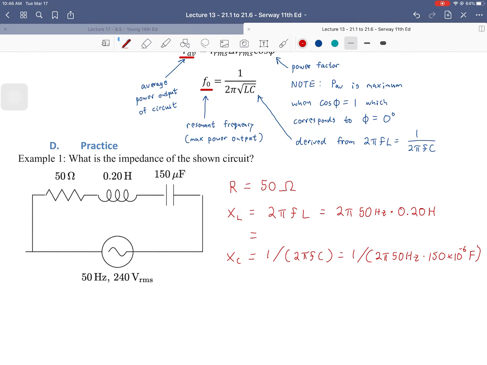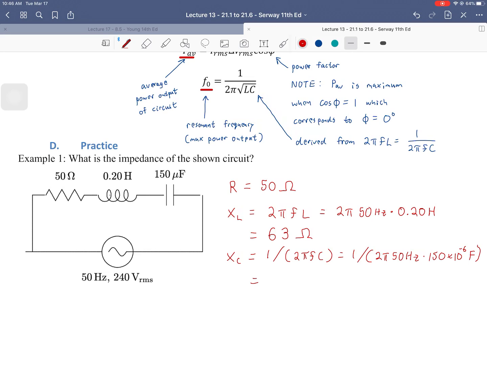Okay, so let's get both our values here. 2 pi times 50 times 0.2 for the inductive reactance. I get a value of 62, and basically we'll just do 2 sig figs as we're working here, so it'd be 63 ohms.